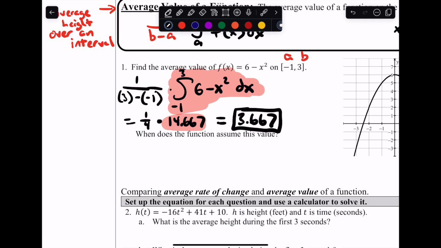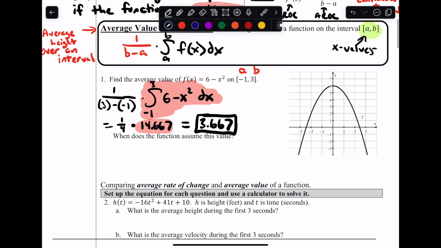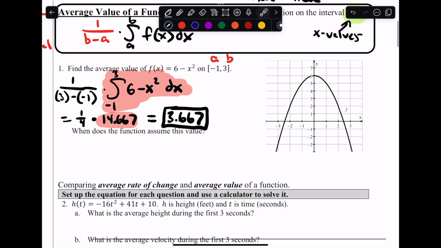And if we're thinking about what this is telling us, I'll take a look at the image over here. We do have a picture of that 6 minus x squared, that parabola shape that's opening downwards because of that negative sign, and it's been shifted up 6 units, so we see that the vertex is up at a height of 6. If we found the integral from -1 to 3 of this function, we know that that integral is going to find the area between the curve and the x-axis.